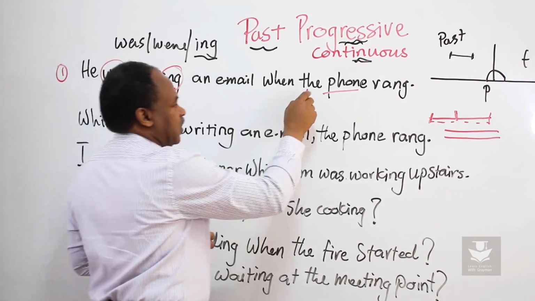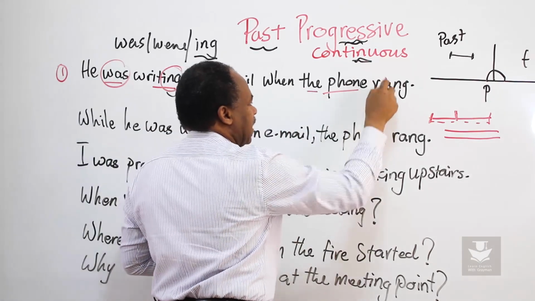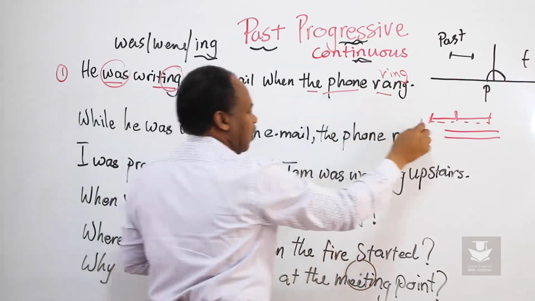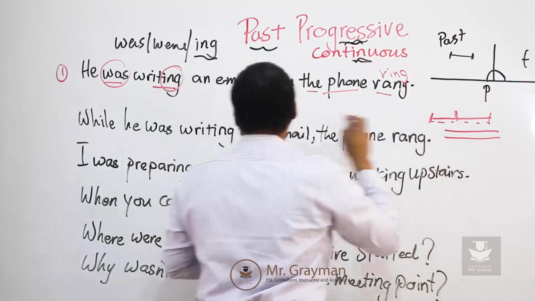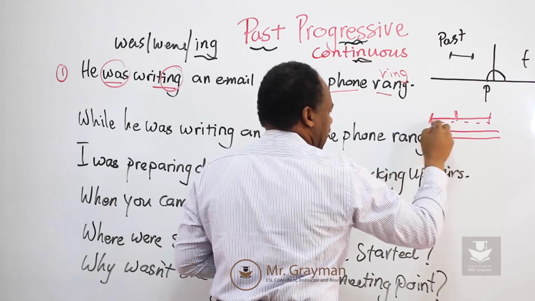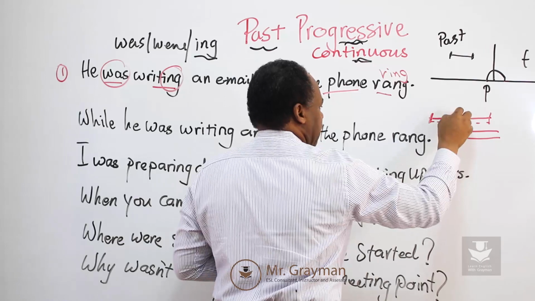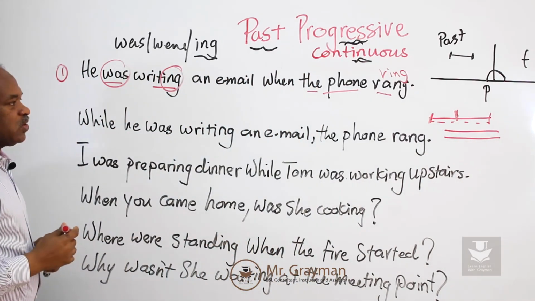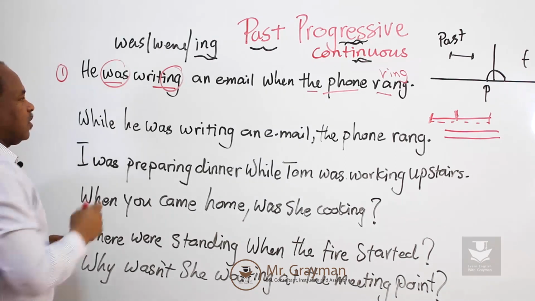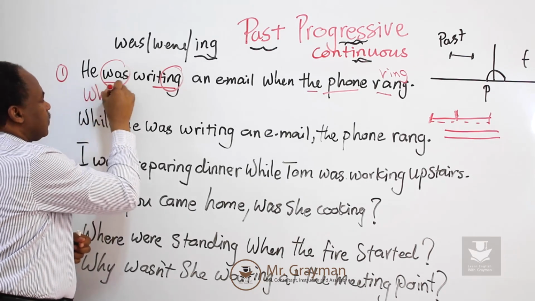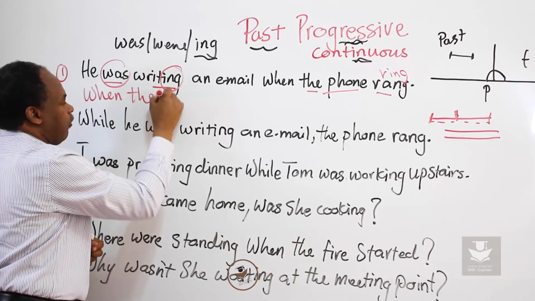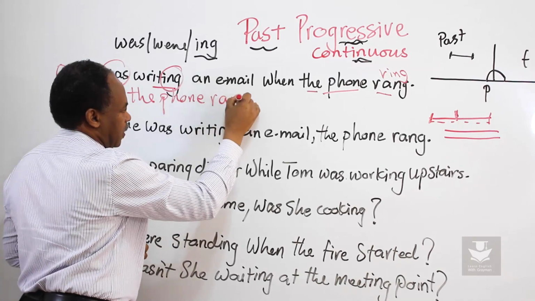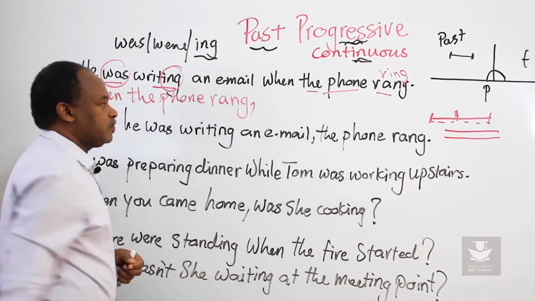And here, look at this one. The phone rang. Rang is the past of ring. Okay, the phone rang. The long action, he was writing an email, long, and then the phone rang. Can we write this sentence differently? Yes. When the phone rang, comma.